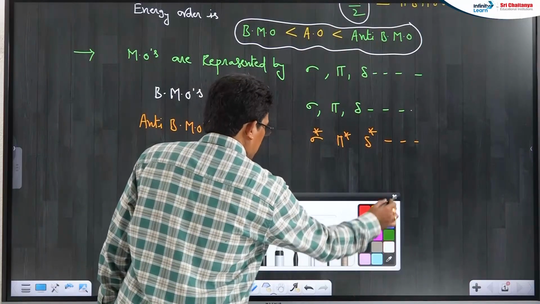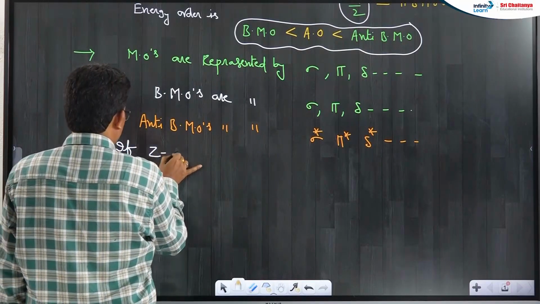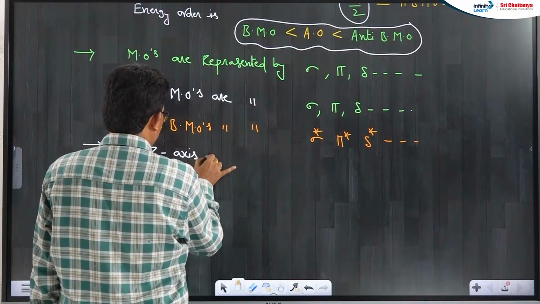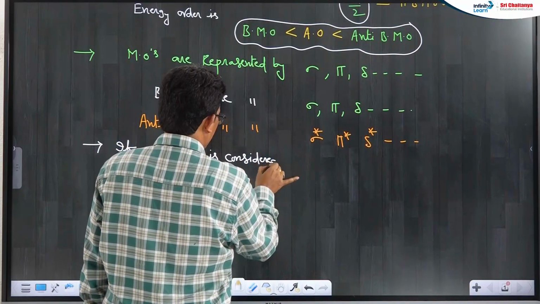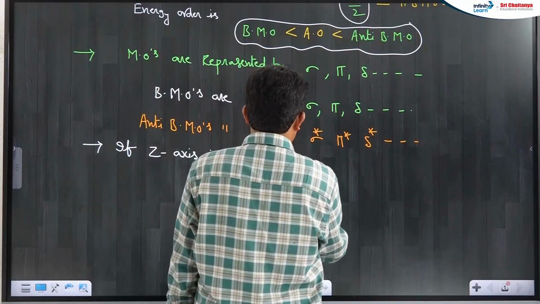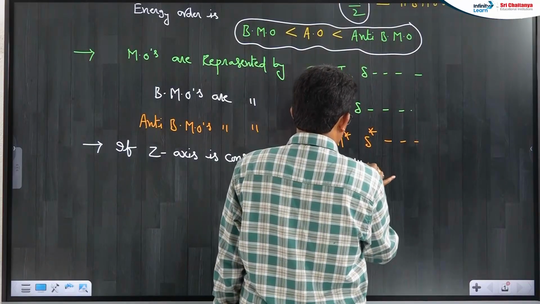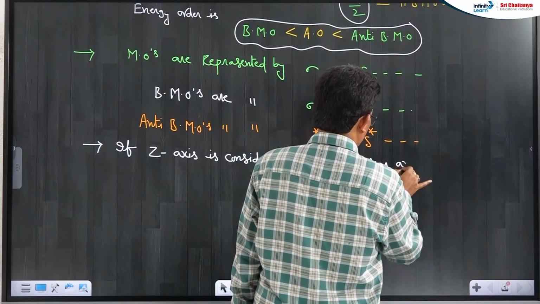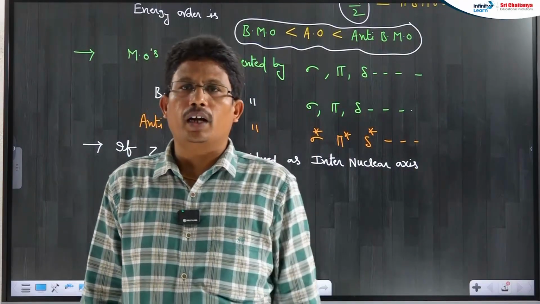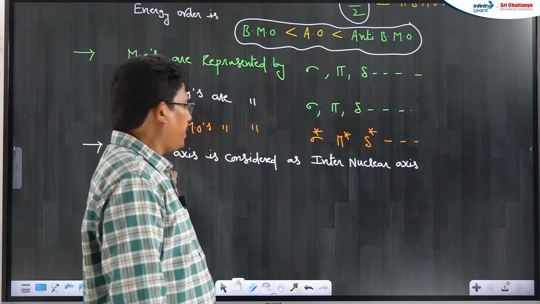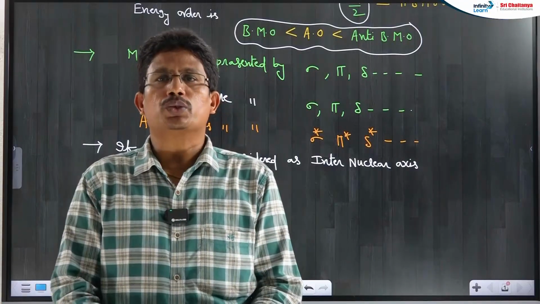Here, if the z-axis is considered as the internuclear axis, then according to molecular orbital theory, pz head to head overlapping always leads to a sigma bond.